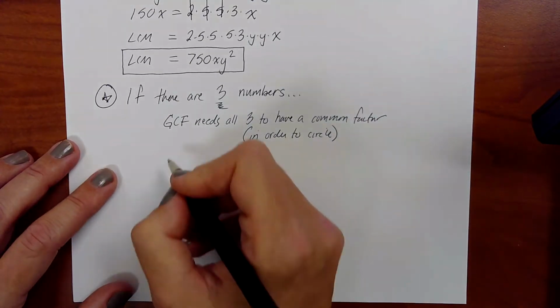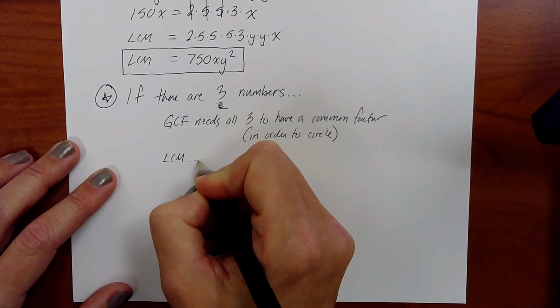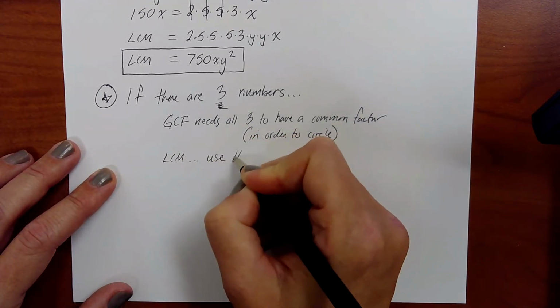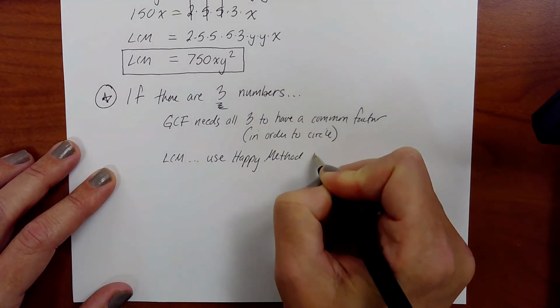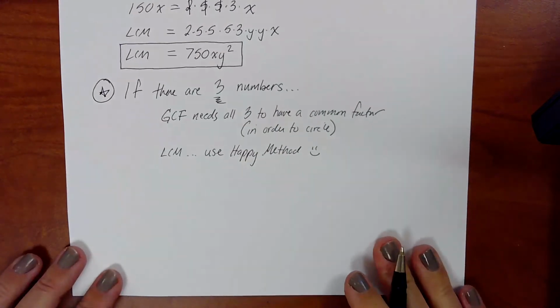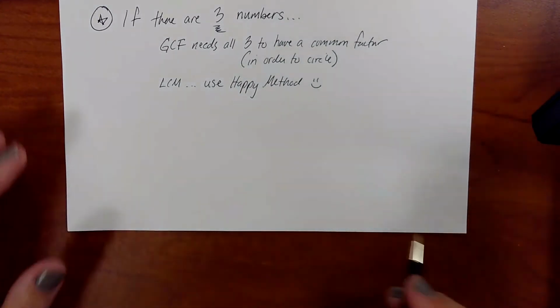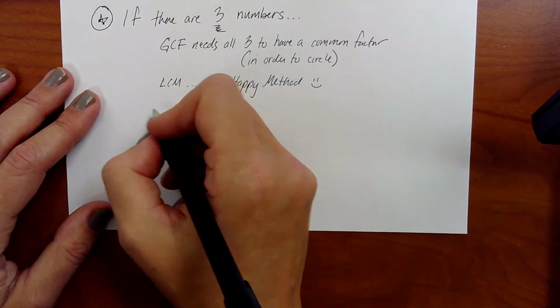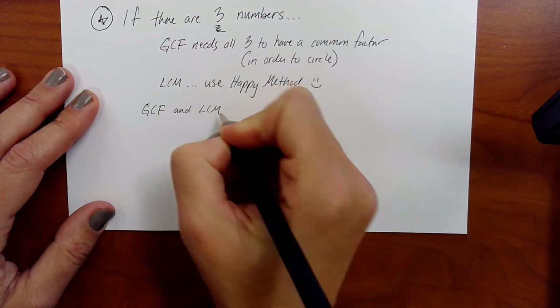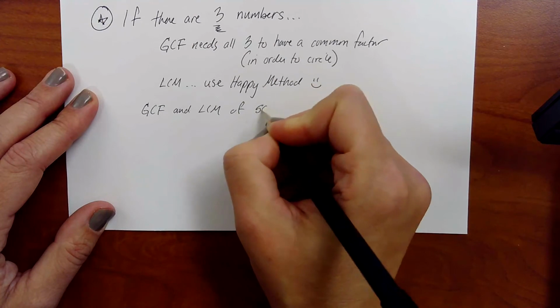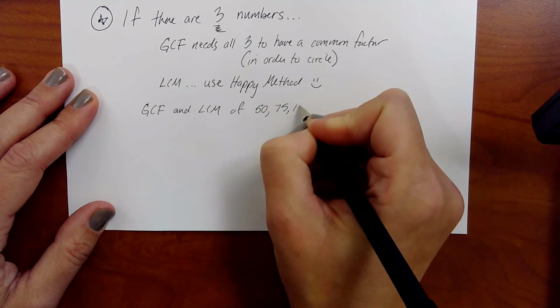For the LCM, we're going to use the happy method. So let's try to find the GCF and LCM of 50, 75, and 120.